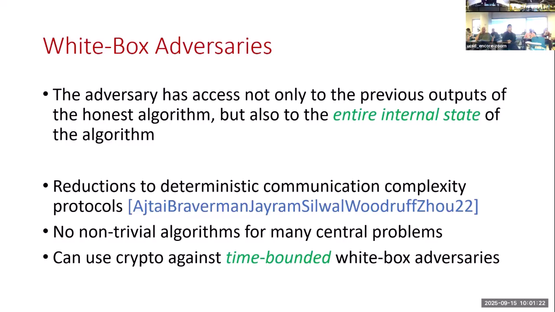This more accurately captures some of the attacks on machine learning models that we saw in the first few slides. So one might ask what can be done there. Unfortunately, there are reductions to deterministic communication complexity protocols that show that basically no non-trivial algorithms can be done for the essential problems that we discussed earlier.